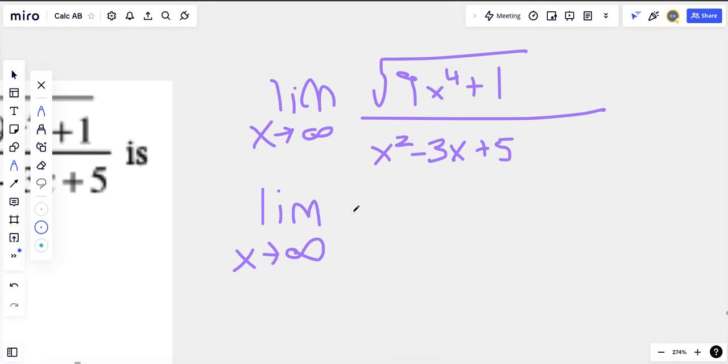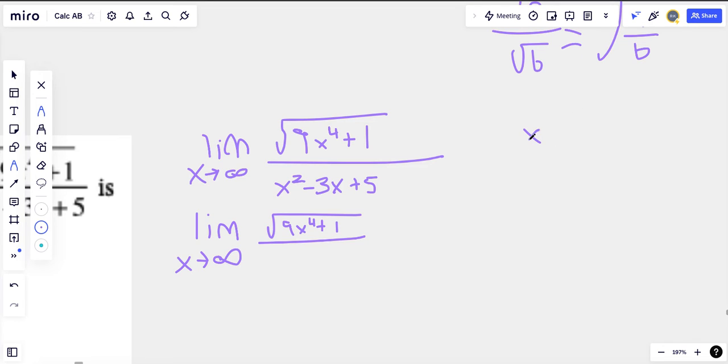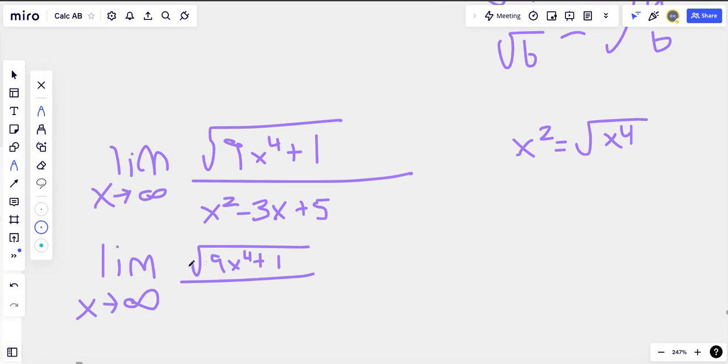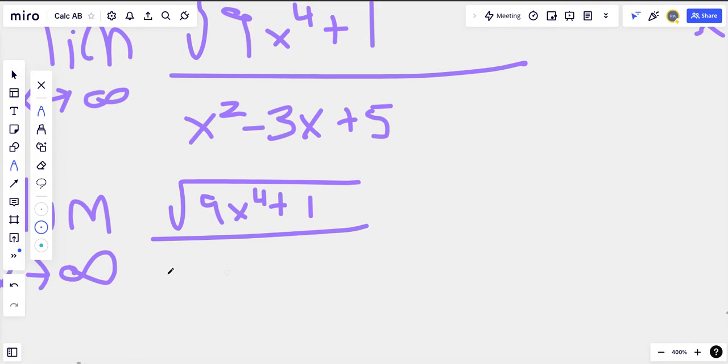And then we rewrite the x squared for the numerator. So x squared is basically the same thing as square root of x to the 4th. That's how we can get the radical, because we want the radical so we can divide by it. So now this is divide by square root x to the 4th.